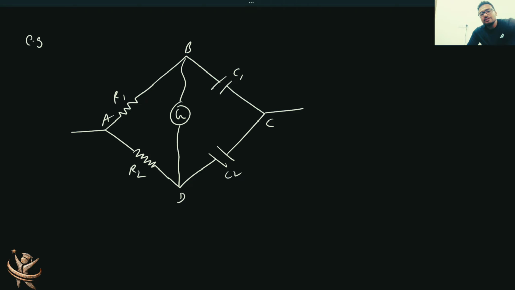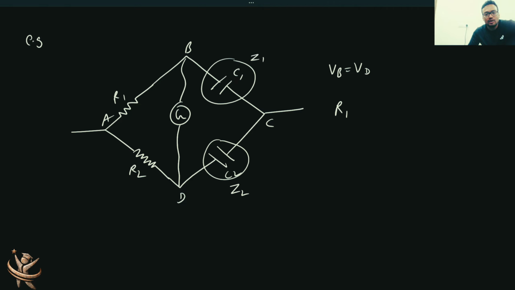Under balanced situation, VB must be equal to VD, and like cross multiplication you can do. On this AB arm you have only resistance, so it's simply R1, and this will have impedance. Basically it is reactance, but I'll treat it as impedance, so it is Z2, and this will be Z1. So R1 Z2 equals R2 Z1.